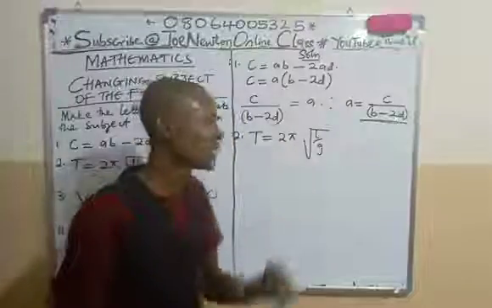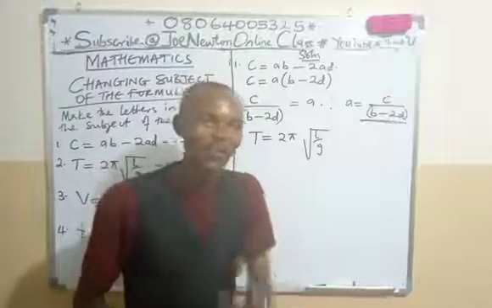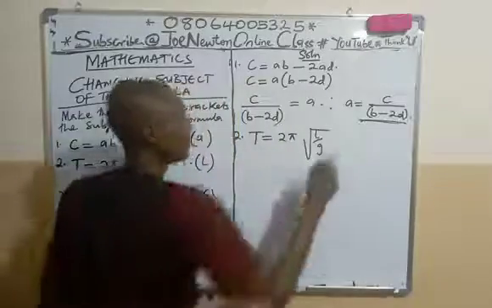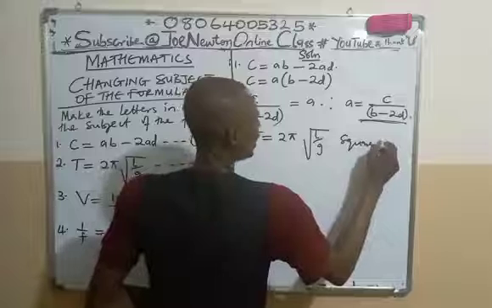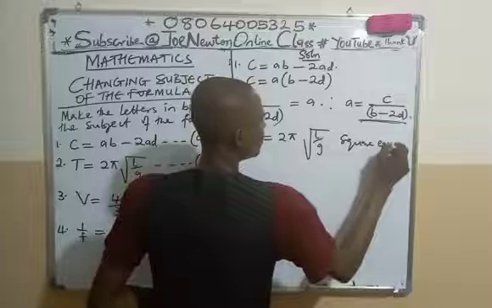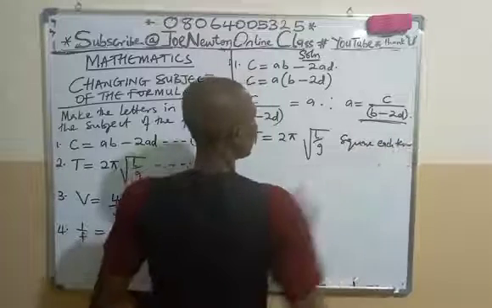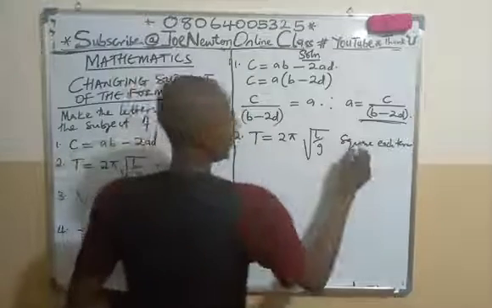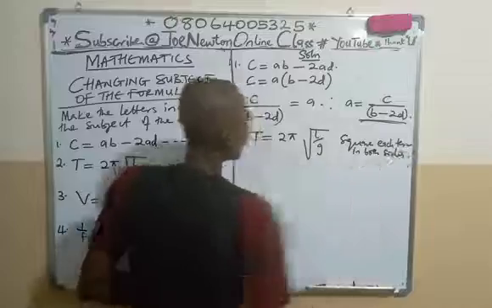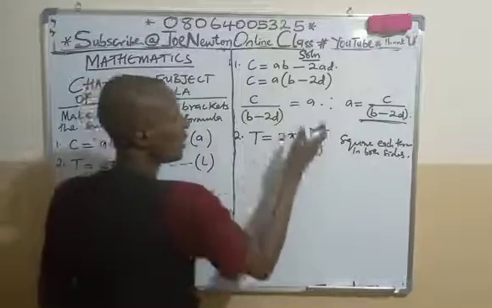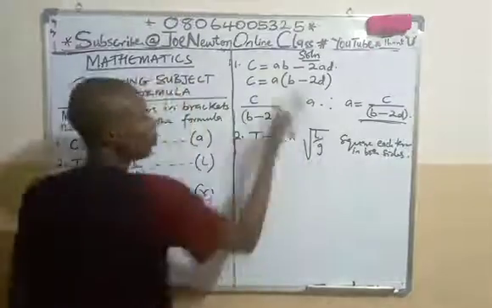How do we clear the square root? Opposite of square root is square. So we square both sides. So the first thing we do now is square each term, or both sides. To remove this, the square of this square root, you take it off.